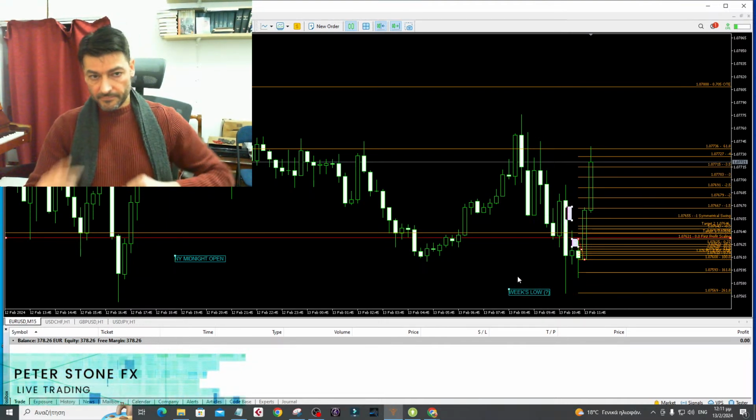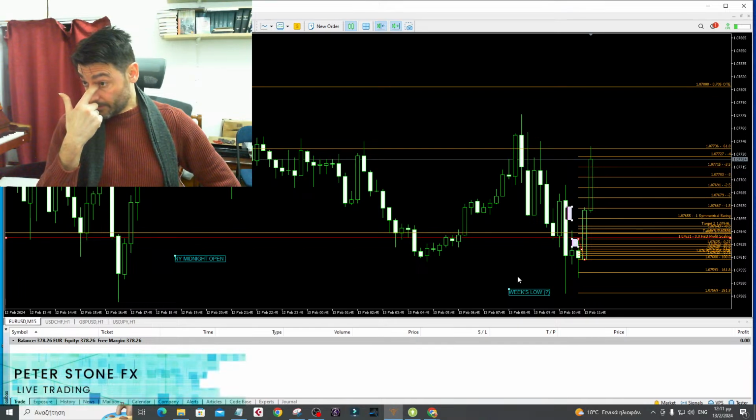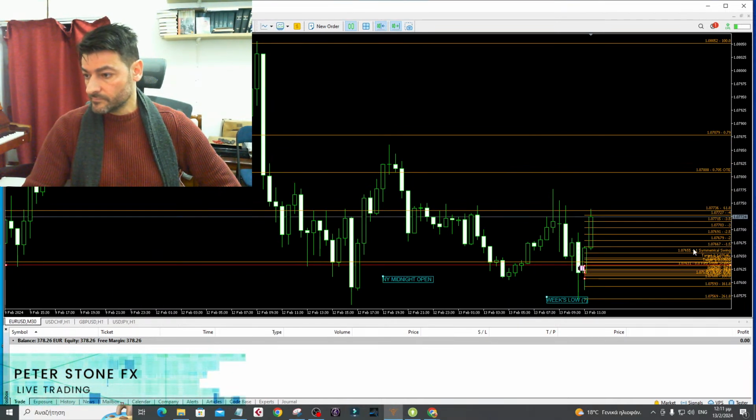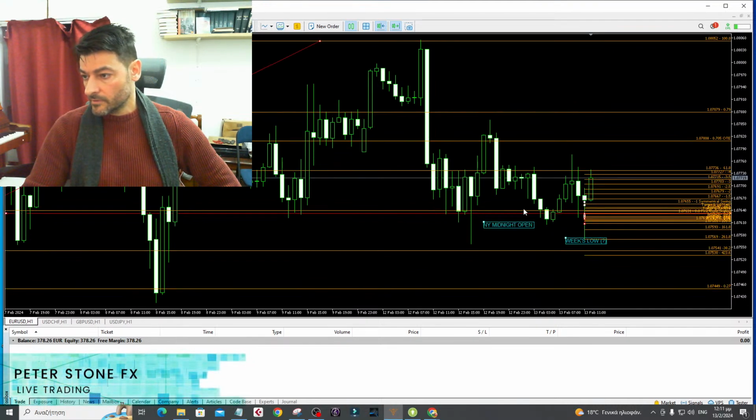I will leave it here, but these candles here are very significant. Took sell-side liquidity here, significant with volume in the hourly.